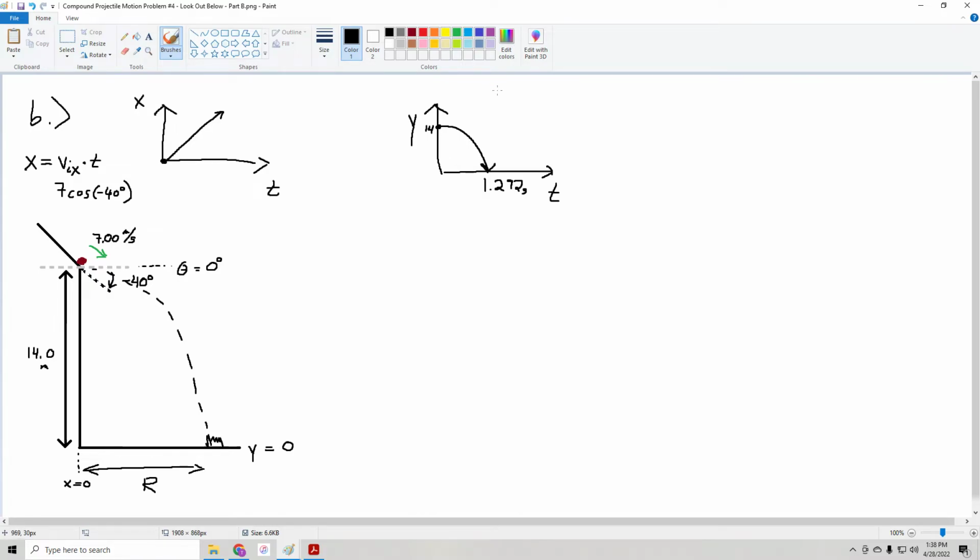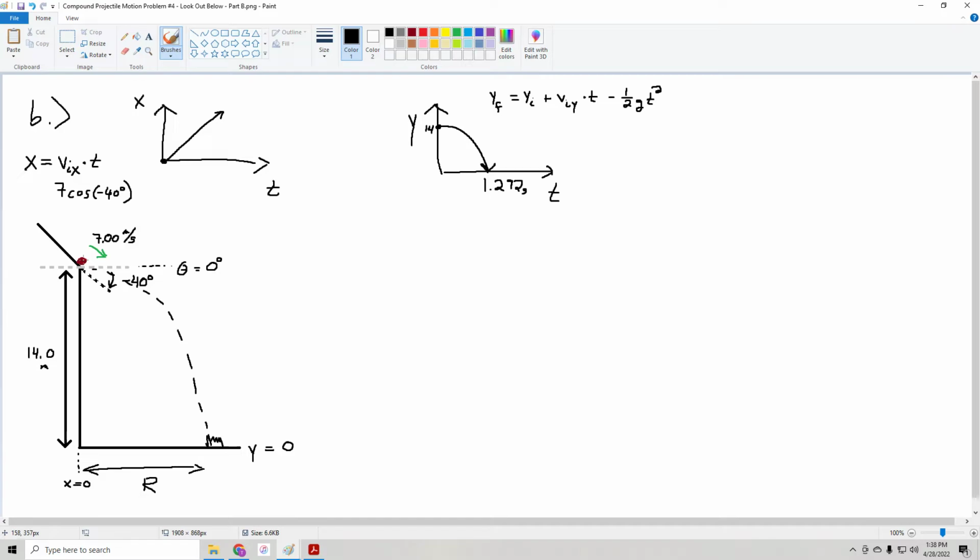And another reason that it looks like this is the equation that we use. We said, y final is equal to y initial plus v initial y times t. And since we know that gravity is negative, we can write this as minus 1/2 g t squared. When t is 0, we remember that the initial position in the y direction is 14.